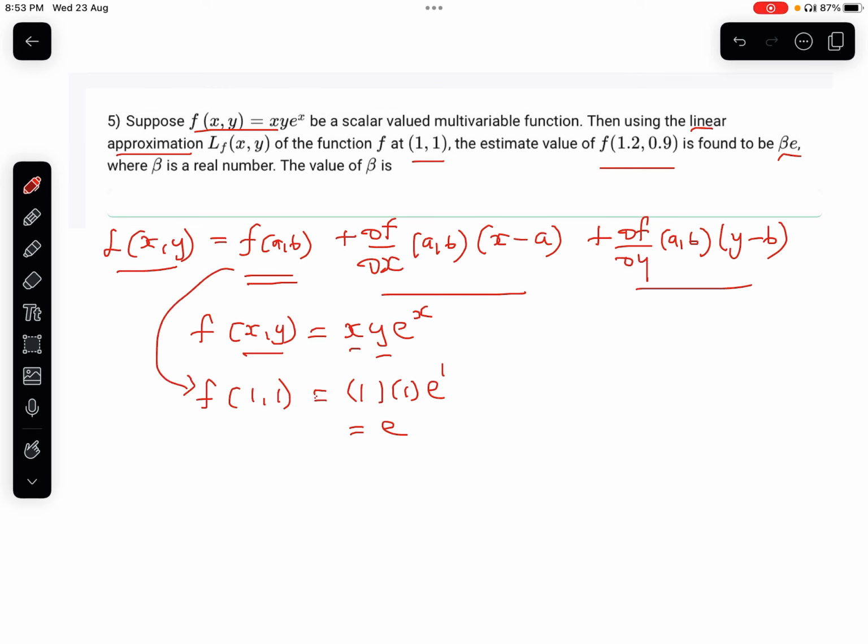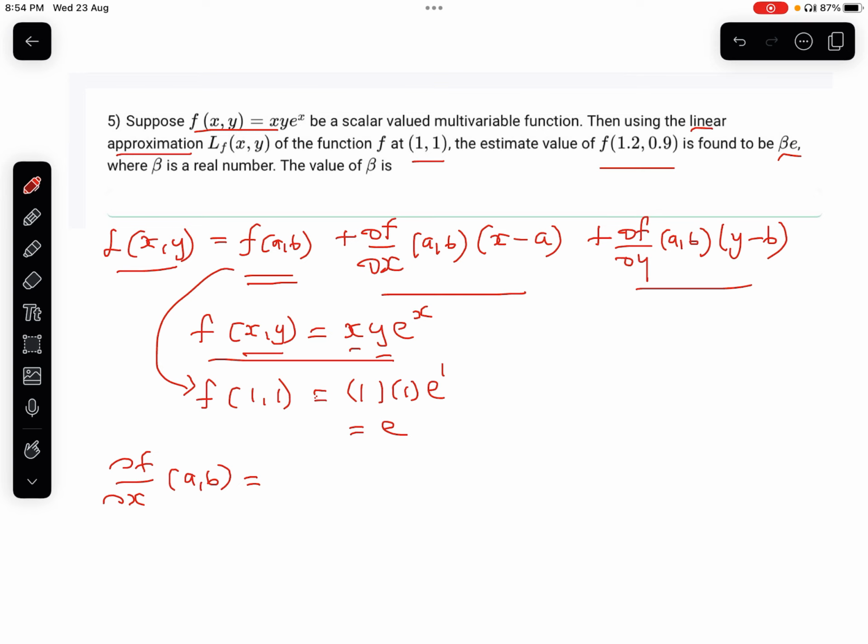Now let us solve dou f by dou x at a comma b, where a comma b is nothing but the coordinate 1 comma 1. So let us solve the partial derivative with respect to x. This is the function, and from it we solve for dou f by dou x.